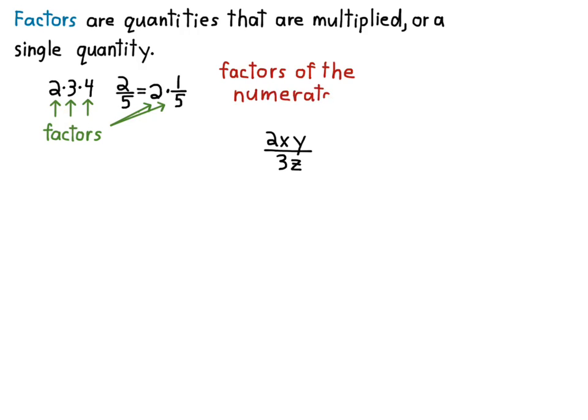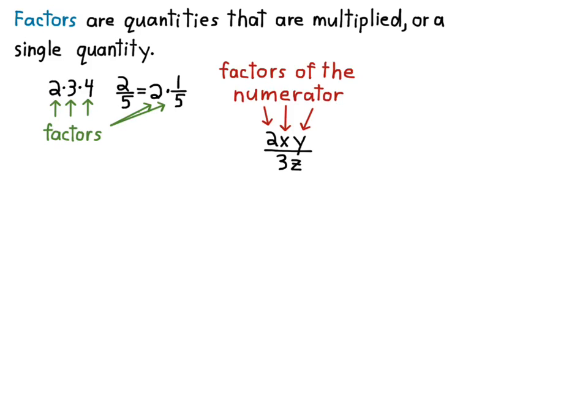2xy over 3z. Now, just like with terms, you can look at the main thing, or you can look at a smaller level, which in this case is numerator, denominator.